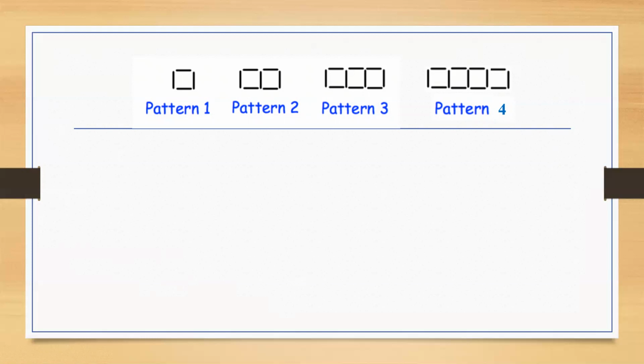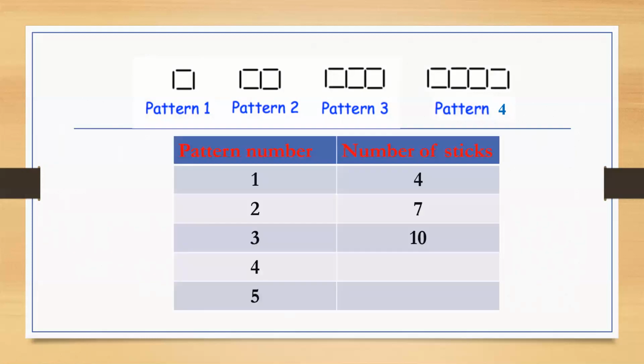Now, if instead of considering the number of squares, we decide to consider the number of sticks. So in pattern 1, I have 4 sticks. Pattern 2, 7 sticks. Pattern 3, 10 sticks. What can you observe in this column? 4, 7, 10.